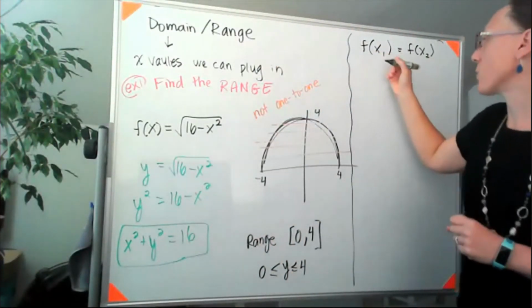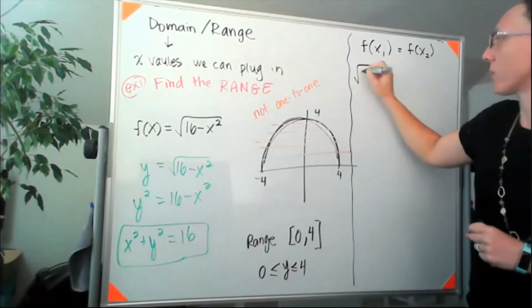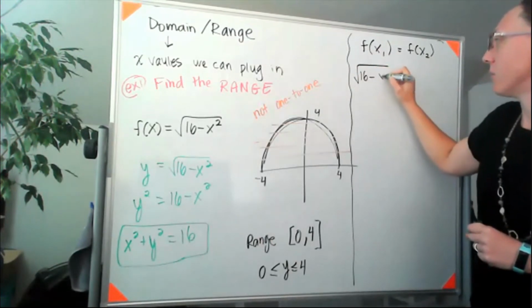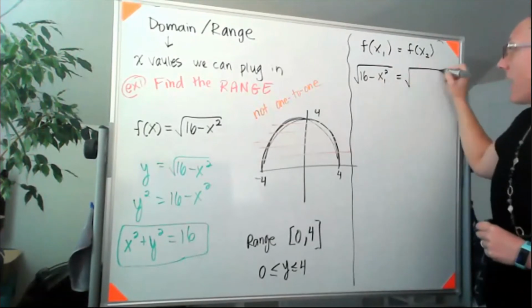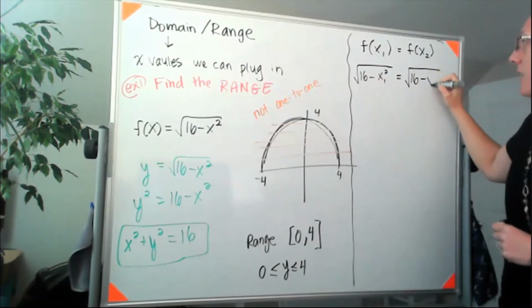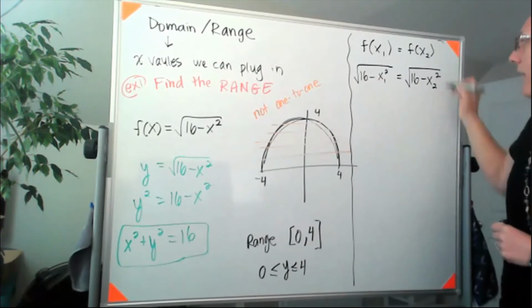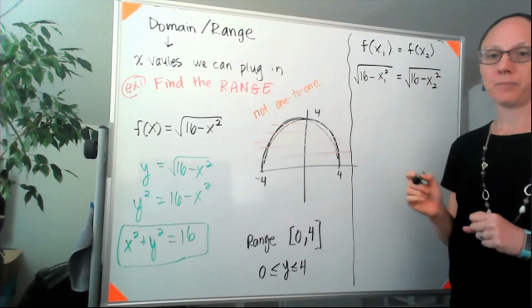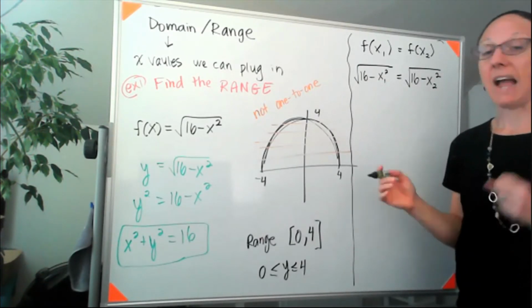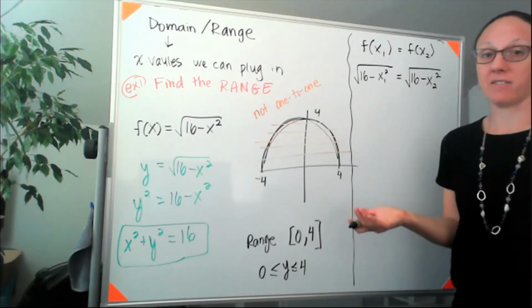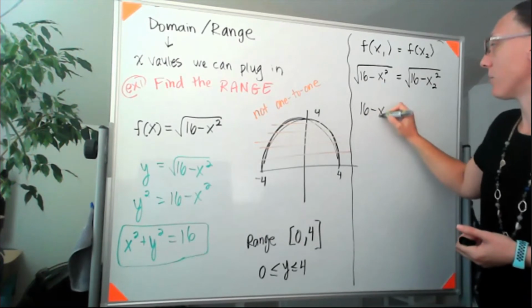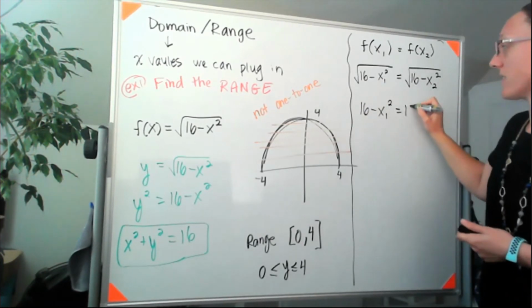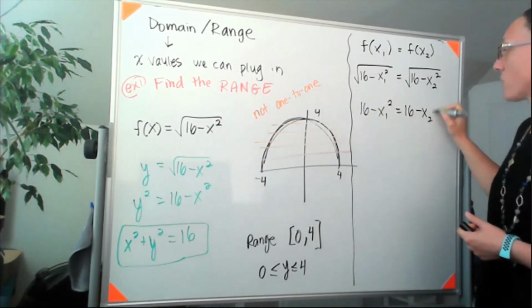So f of x1 would look like the square root of 16 minus x1 squared. And if I set that equal to the square root of 16 minus x2 squared, then I can certainly square both sides of this equation and end up with 16 minus x1 squared is equal to 16 minus x2 squared.